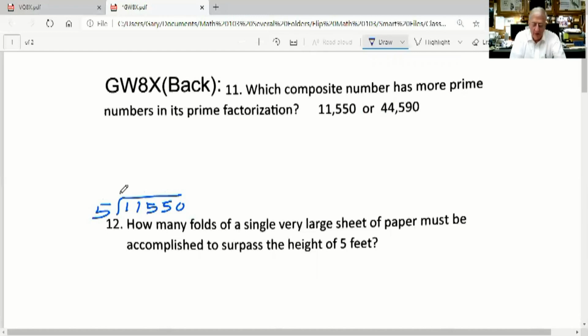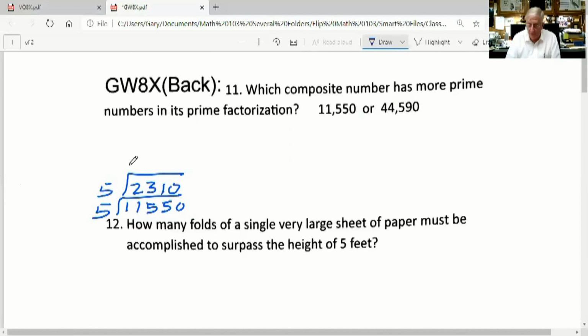If I take 11,550 and divide that by 5, I obtain 2310. Now, I'm finished if 2310 is prime, but of course it isn't. It ends in 0, so you know it's divisible by 5.